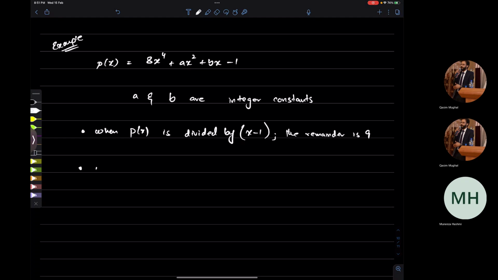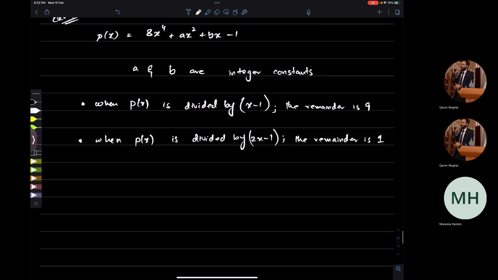Another piece of information is that when the same polynomial is divided by 2x minus 1, the remainder is 1. Now the examiner is asking you to find a and b.